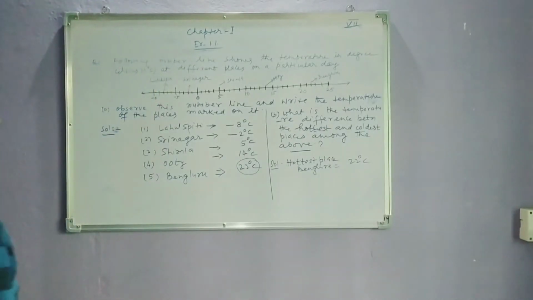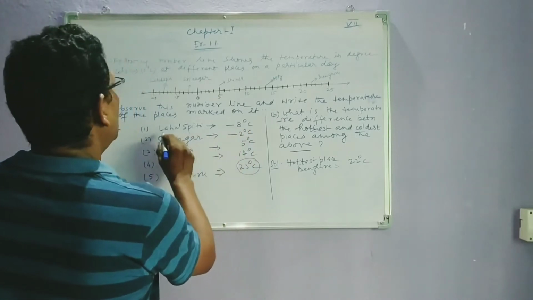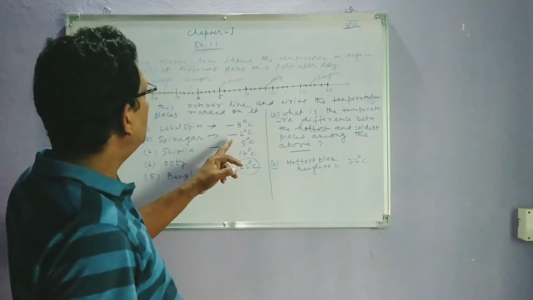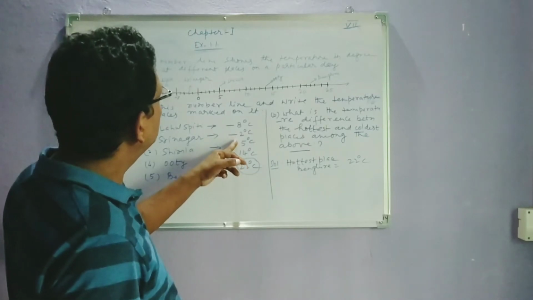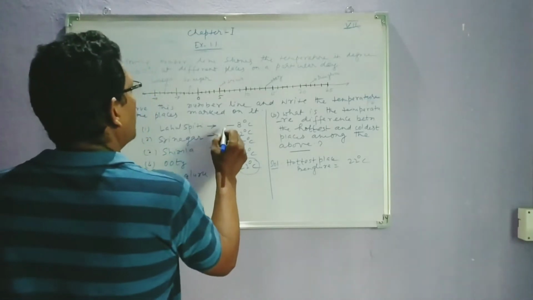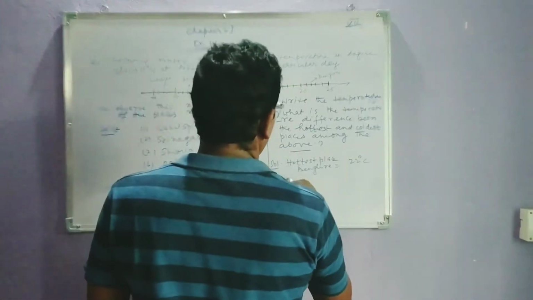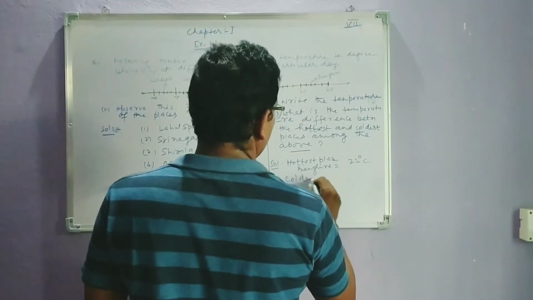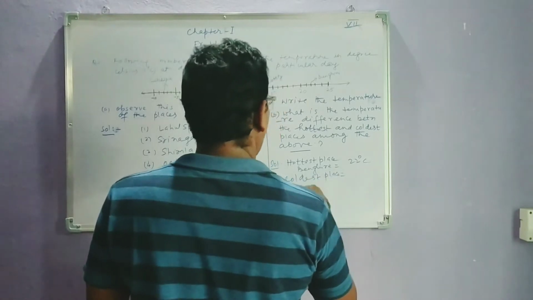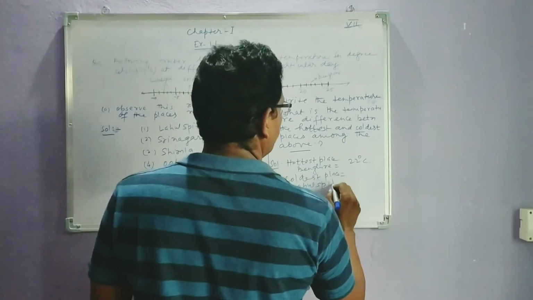Now come to coldest. Coldest place is our Lahaul Spiti -8 degrees Celsius. Then -2 degrees Celsius is Srinagar. So coldest place is Lahaul Spiti.